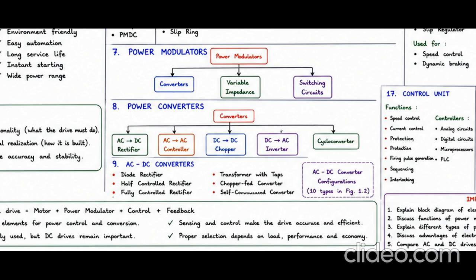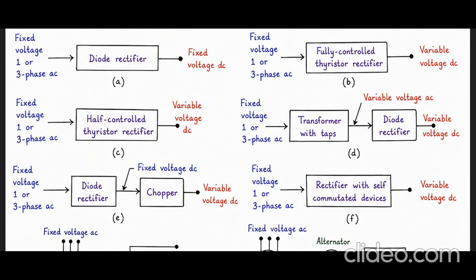Now let us look into AC to DC converters. Now let us understand different methods of obtaining a DC supply from an AC source. The simplest method is the diode rectifier. It converts AC into DC, but the output voltage is fixed because diodes cannot be controlled. Next is the fully controlled thyristor rectifier.